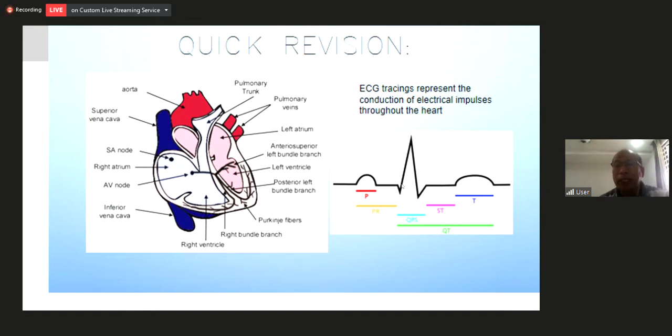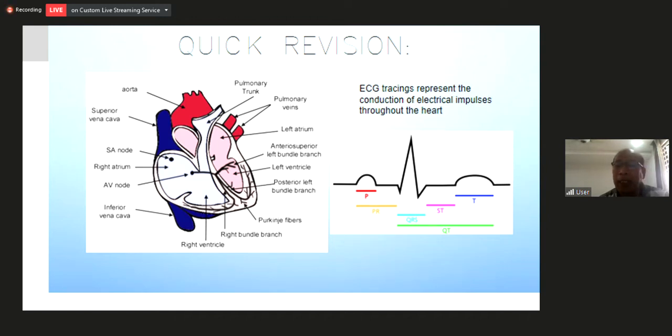But in V1, there shouldn't be any Q. You know why? Because in the septum, the wave of depolarization travels from left to right. So if you put V1 here, your V1 will be positive.